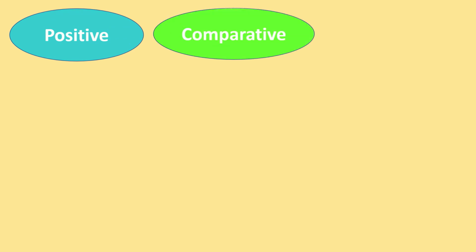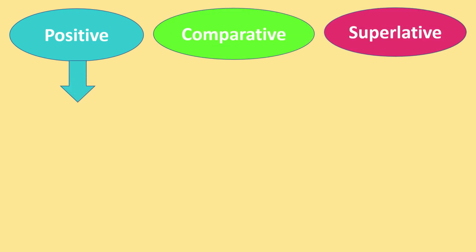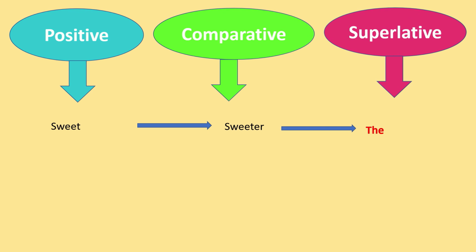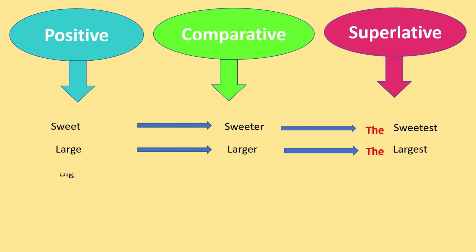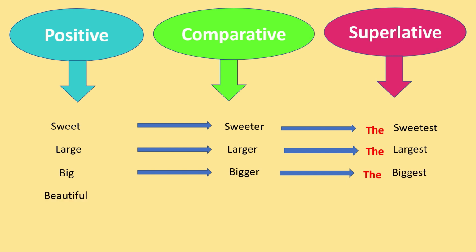Now let's summarize the lesson. If you know, say these degrees of adjectives with me. Sweet, sweeter, the sweetest. Large, larger, the largest. Big, bigger, the biggest. Beautiful, beautifuler, beautifulest. No, it's wrong.